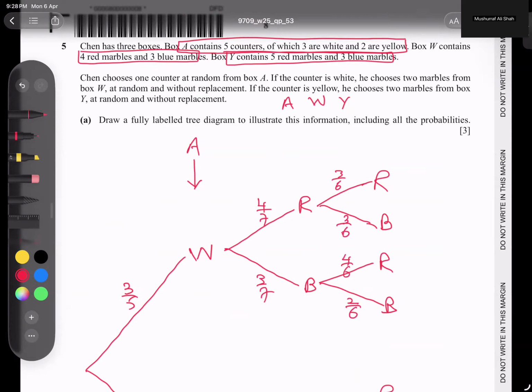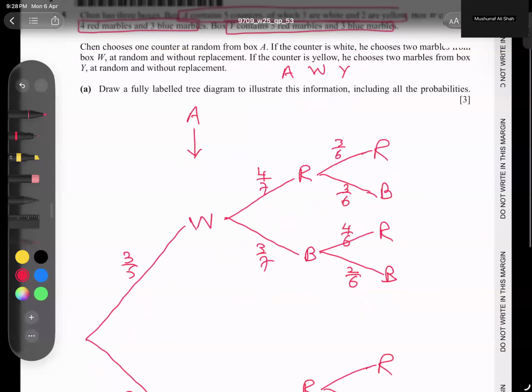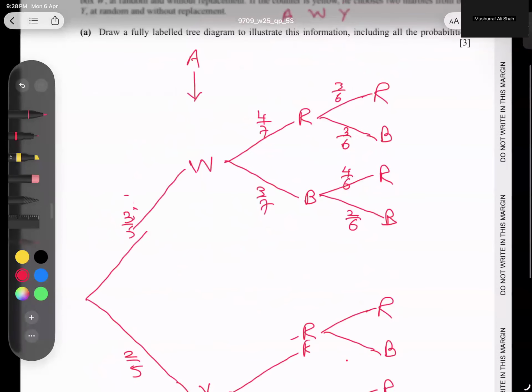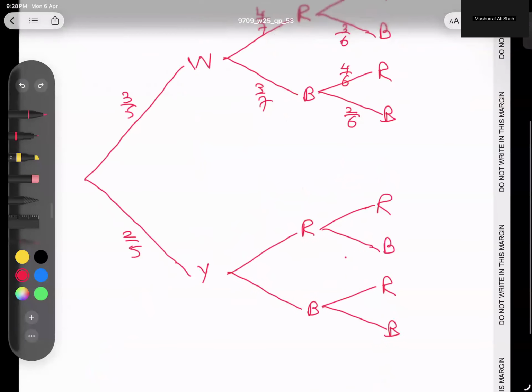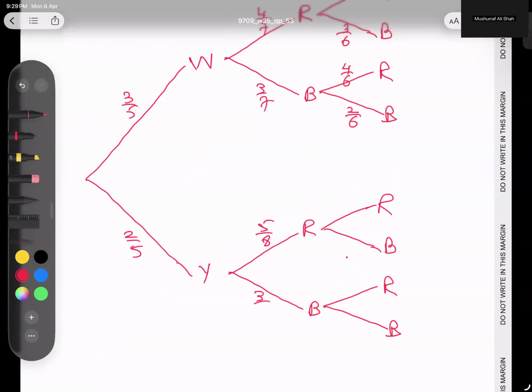So these branches, I think this part is nothing hard to understand. Now we can go for the lower branch, but first of all we need 5 red and 3 blue. So I think now we can do it easily.